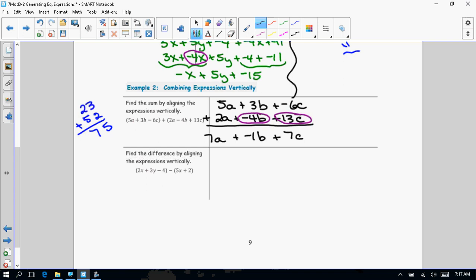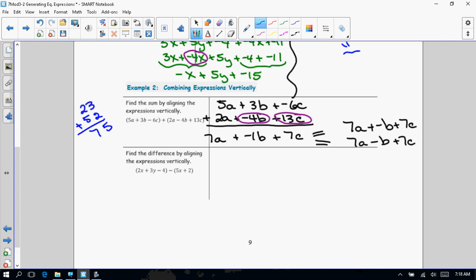Very nice and easy, right? I don't have to do too much to it. You can write this as 7a plus negative b plus 7c, or you could write it as 7a minus b, forget the plus negative part, plus 7c. Okay, all of these are equal to each other, any of those three. So if this was on a quiz or a test, I would accept all three of those answers.